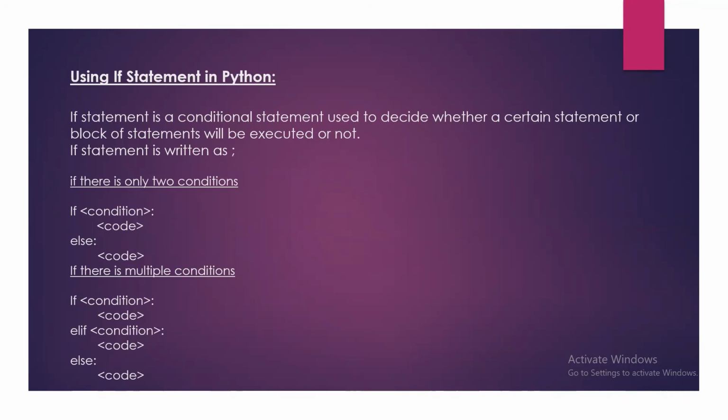If statements are basically conditional statements, similarly as we use if conditions in Excel. And in Python, if statements are used to decide whether a certain statement or block of statements should be executed or not.